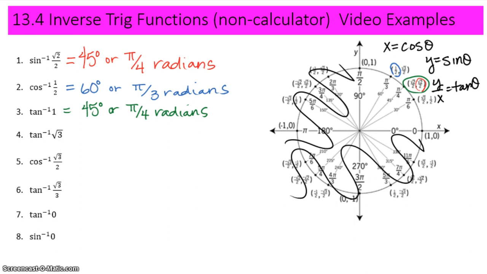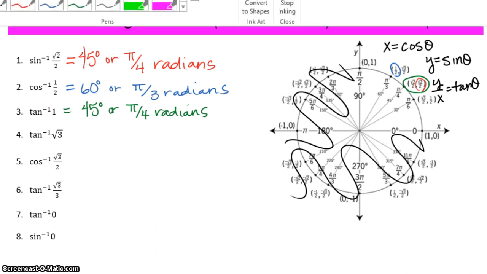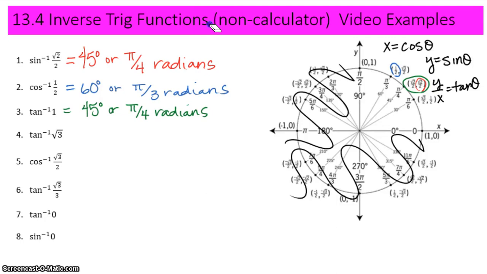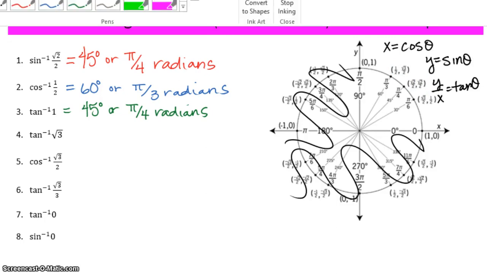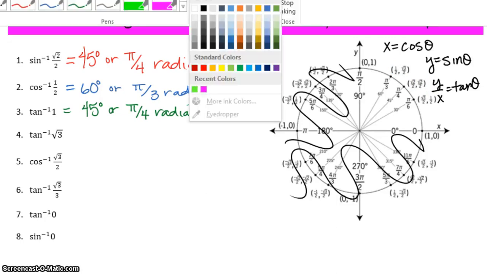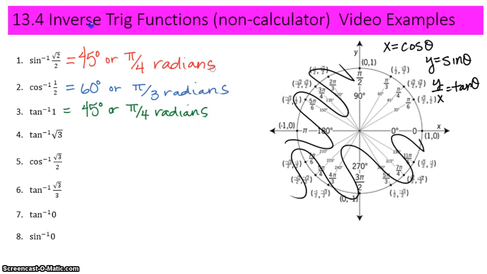Okay. What about inverse tangent of root 3 over 3? Hopefully you have an idea of where to go for this. Hopefully you've done enough of these that you start to naturally memorize that we're either looking here or here. Hopefully you figured out that it's not 45 degrees, it's not your axes, it's got to be one of those two.